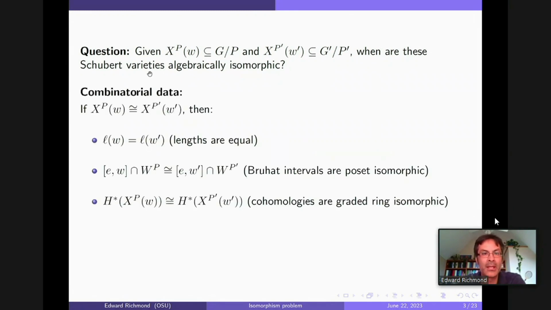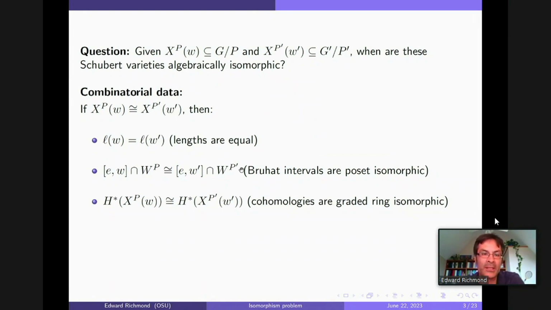Okay, so I wanted to give an outline of some things that are guaranteed to happen if you do have two isomorphic Schubert varieties. Well, first things first is that the lengths of the corresponding Weyl group elements have to be the same. This is just because this is the complex dimension of these varieties.